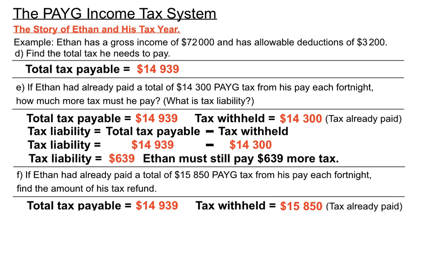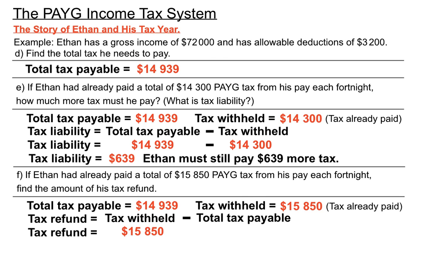We'll just find the difference between those amounts, and that's how much refund Ethan's going to get here. The tax refund this time is the tax withheld, which is the larger amount, minus the total tax payable, which is the smaller amount. So he's paid a little bit more than he needed to, $15,850 minus $14,939, and he has a tax refund coming to him of $911.